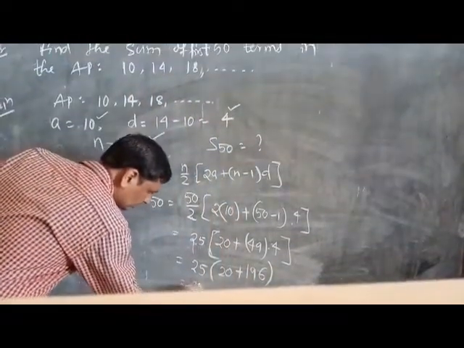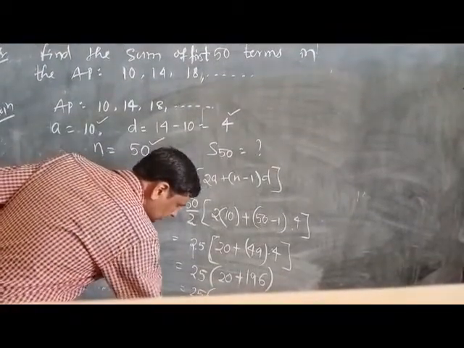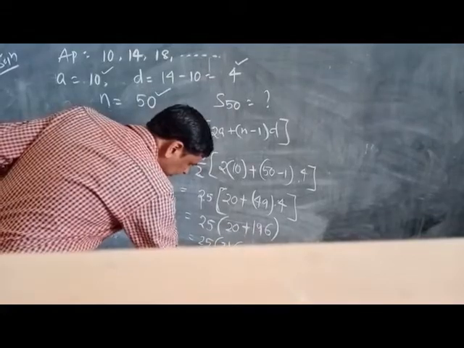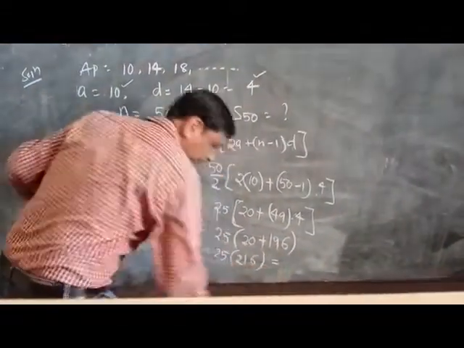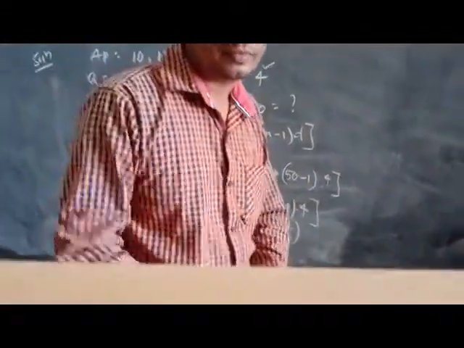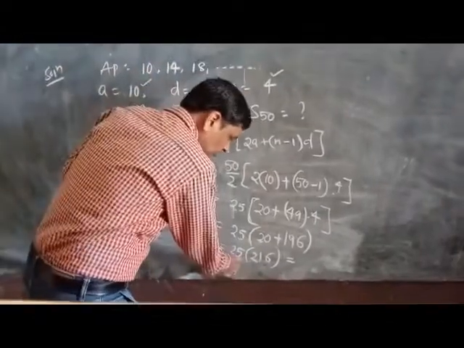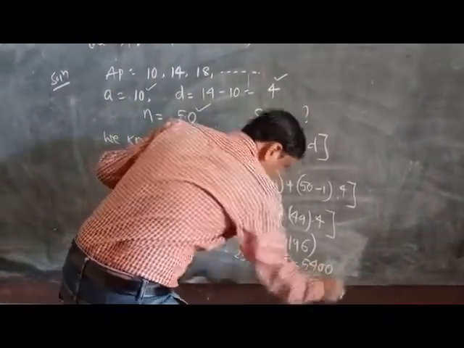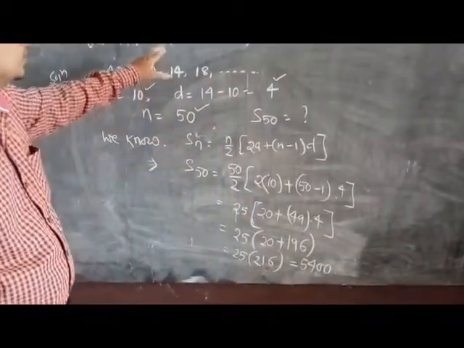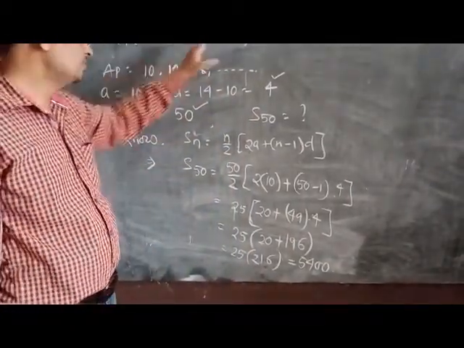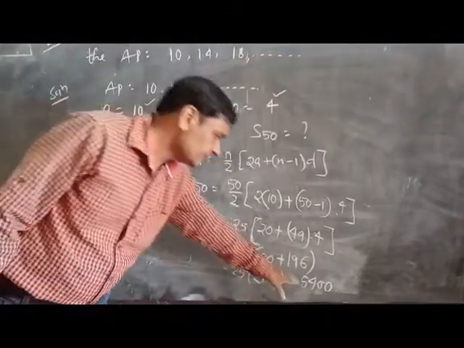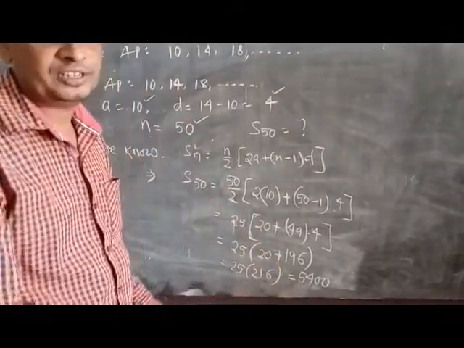This becomes 25 into 216. 25 into 216 is 5400. When we add the first 50 terms of the AP 10, 14, 18 like that, we get the sum as 5400.